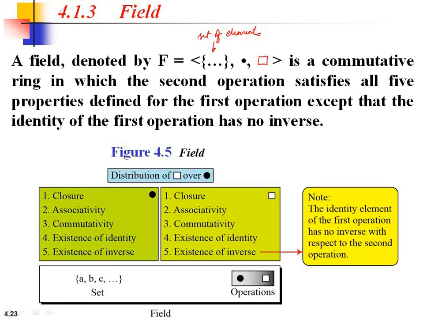As you can see, for the first operation all the 5 properties are satisfied, and for the second operation at least 4 properties should be satisfied, and for the fifth property, that is the existence of inverse, the identity element of the first operation has no inverse with respect to the second operation.